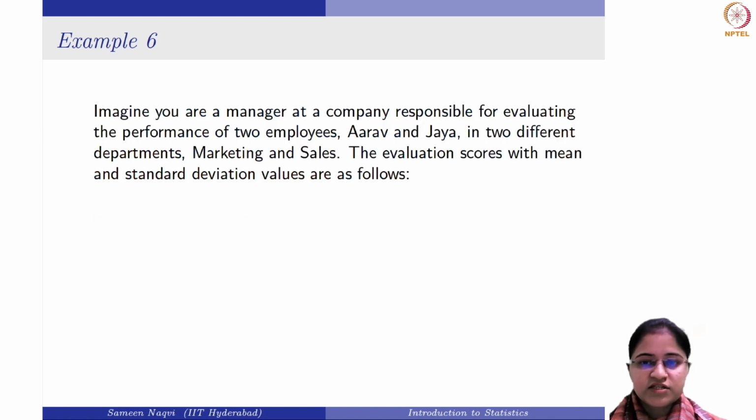Let us consider an example over here. Imagine you are a manager at a company responsible for evaluating the performance of two employees, Arav and Jaya, who are working in two different departments, marketing and sales. So Arav is working in the marketing department and Jaya is working in the sales department. The evaluation scores with mean and standard deviation values are as follows.